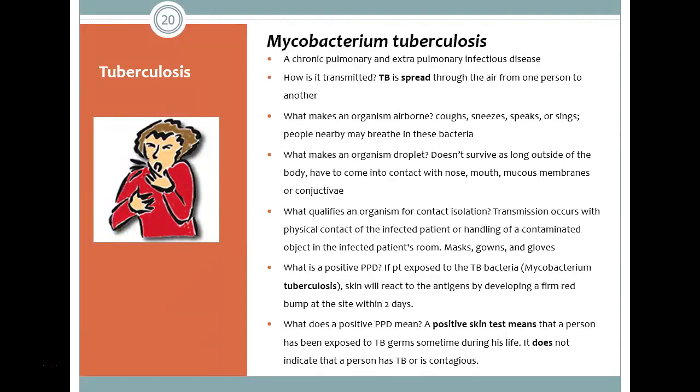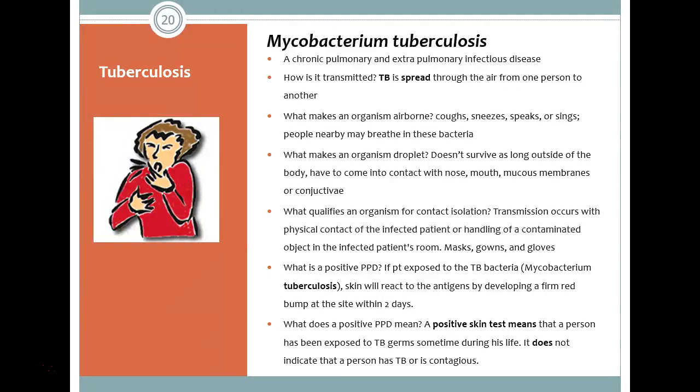So this is an airborne infection, and therefore if a patient has TB, they need to be in a reverse isolation room, meaning they have their own air conditioning and ventilation system, not connected to other patients in the hospital, so that this airborne bacterial infection doesn't infect other patients.